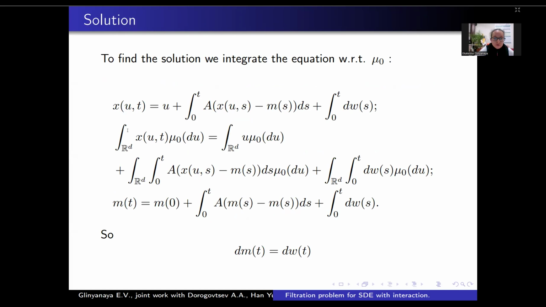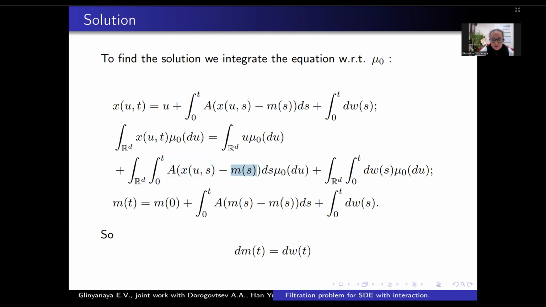On the right-hand side, we will have the center of mass of the system at time t. On the left-hand side, when we integrate the second term, it will disappear altogether, because we will have the center of mass at time s minus the center of mass at time s itself.